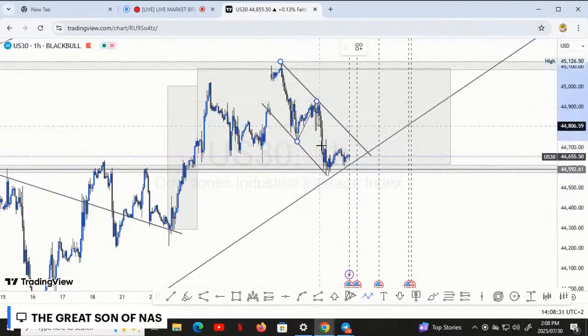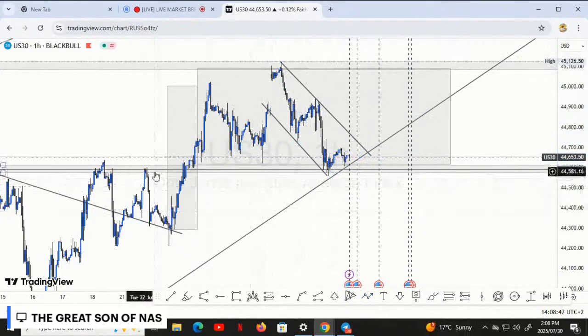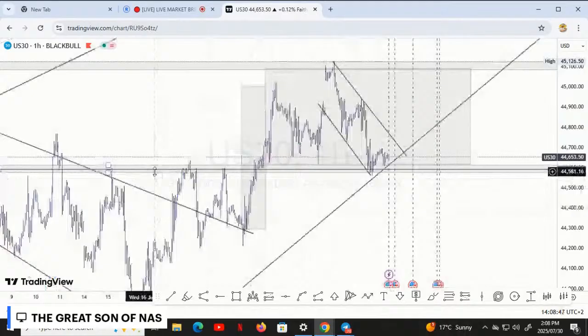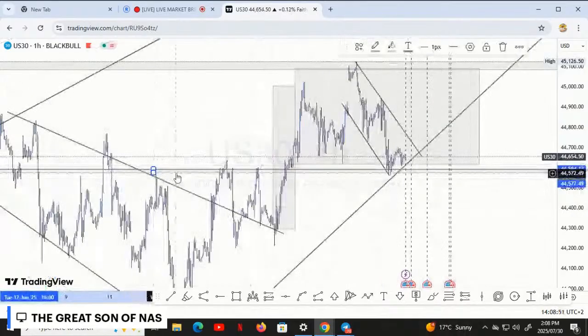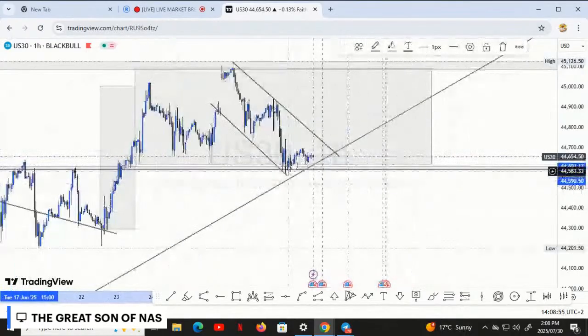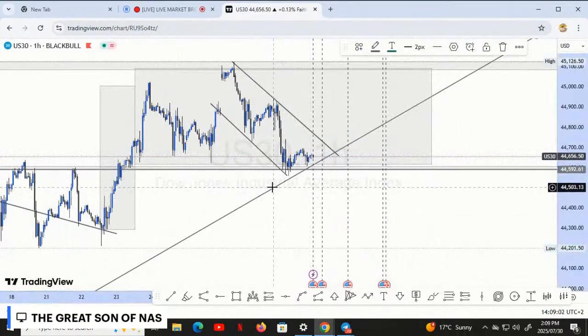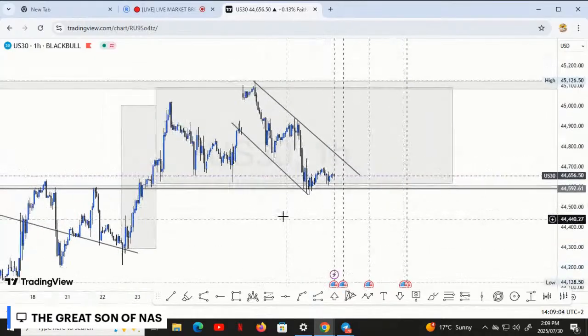So for me, I feel like it's going to be time for the market to break this, because you can see it's been failing to break. Once it breaks, that's when we're going to say the market is on the bearish side.